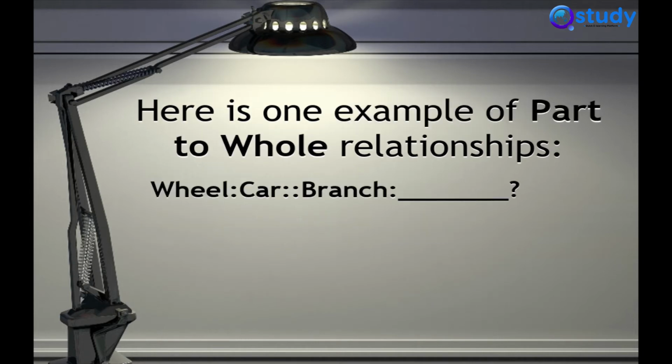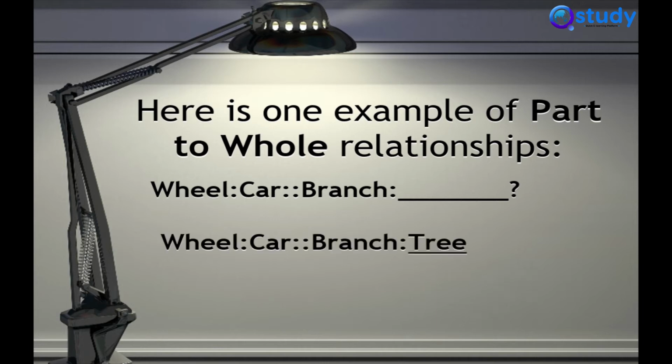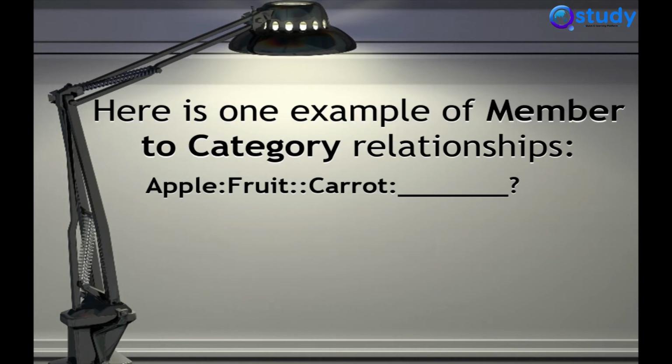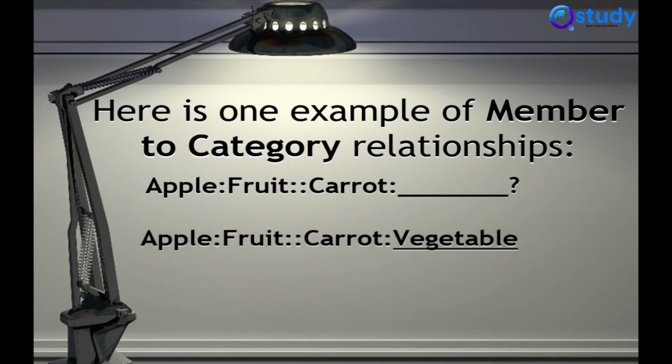The next example is of part to the whole relationship. The question is wheel is to car, as branch is to, so branch belongs to tree, so the answer is tree. Wheel is to car, as branch is to tree. The next one is an example of member to category relationship, like apple belongs to fruit. Apple is a fruit, the same way carrot is a vegetable, so apple is to fruit, as carrot is to vegetable.